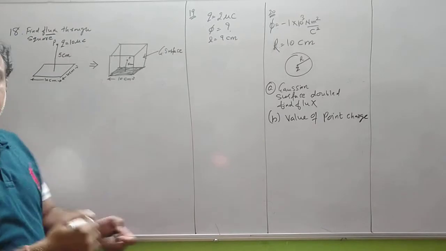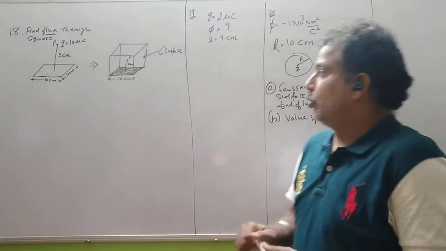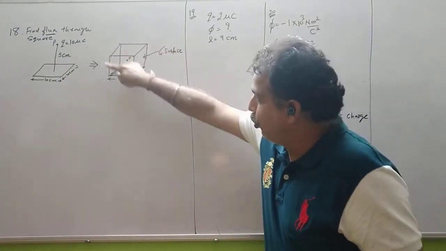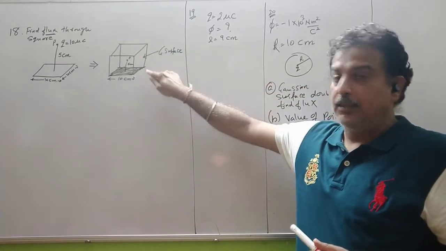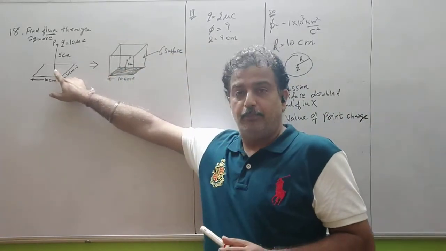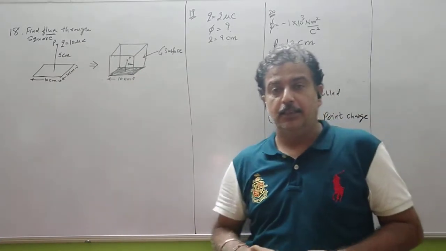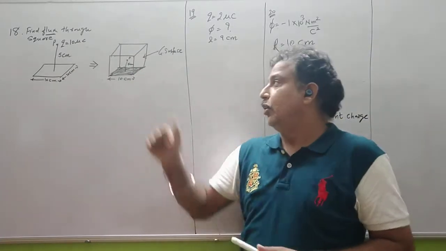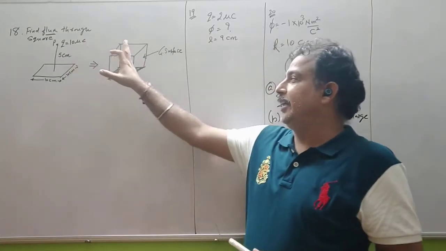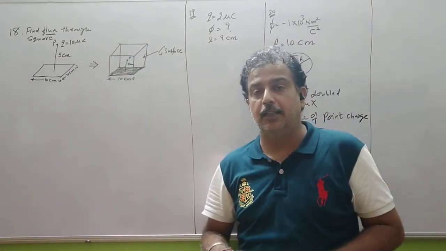So we imagine a Gaussian surface to be a cube such that the given square becomes one of its sides, and now point P or the charge Q is at the center.